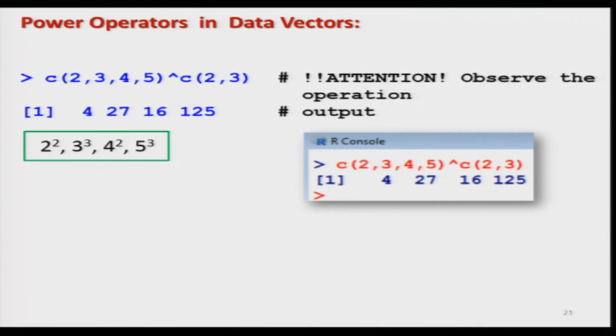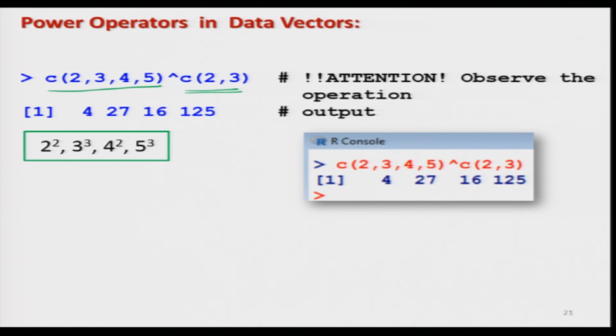And similarly, if you take the power operator with respect to two data vectors instead of a scalar, let me take the first example where the total number of elements in the first data vector is 4: 2, 3, 4, 5, and the total number of elements in the second data vector is 2 and 3, which is only 2 in number. But they are an exact multiple.